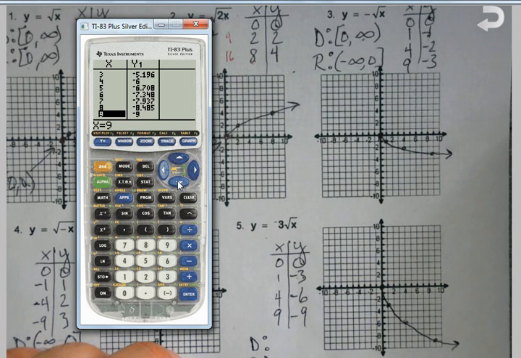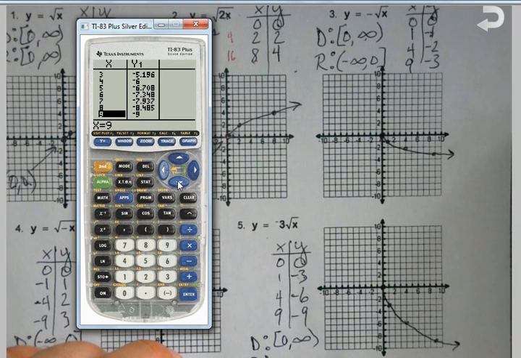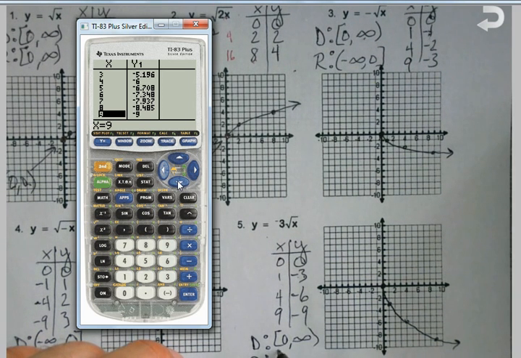Is my domain going to change between this one and number 3? We're still starting here. We're still going forever to the right. Okay. And then my range, it's the same thing. I'm starting way down here, and I'm ending up here.